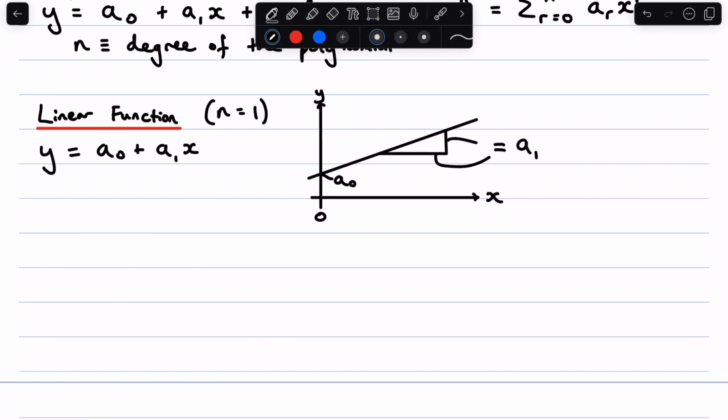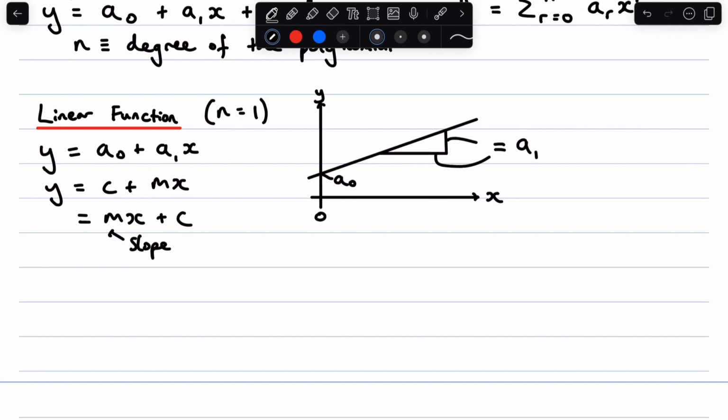Our y divided by x, ignoring this intercept value, is going to be a1. You might recognize this as y equals c plus mx, or y equals mx plus c. That's how I learnt it at school, and m here is the slope and c is the intercept.